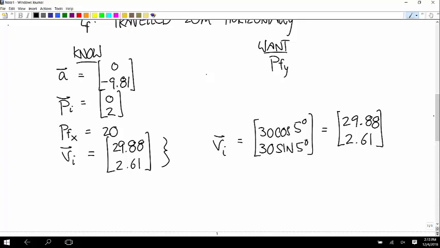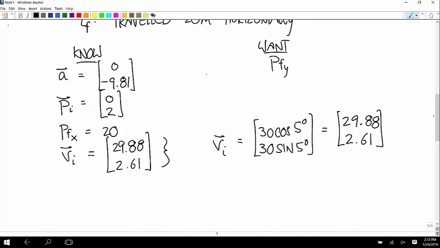But we're not trying to find the highest point in the ball's flight. We're trying to find the height of the ball when it's traveled horizontally 20 meters. So that's not going to work. And so there's no equation that works. So our next line of attack is to try to calculate time final and then use that.